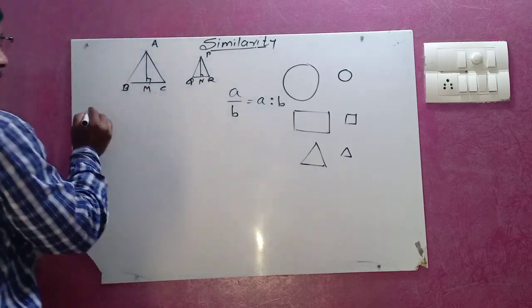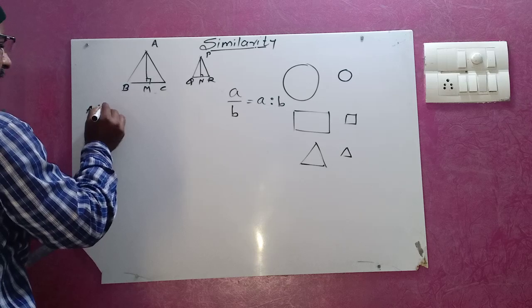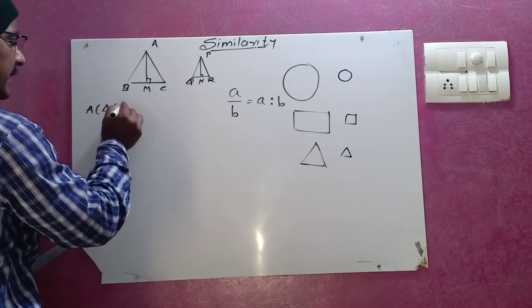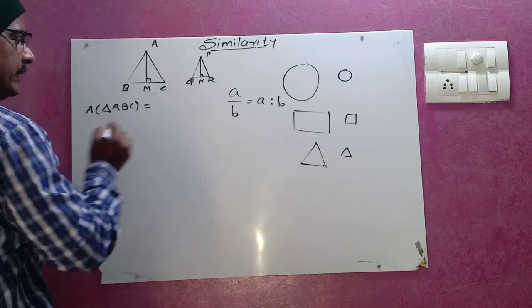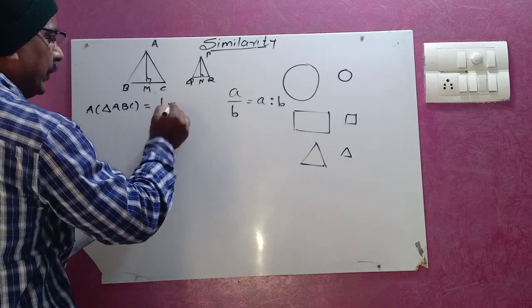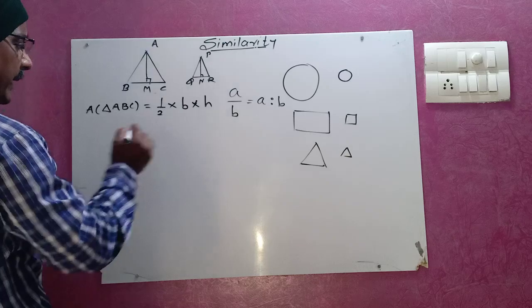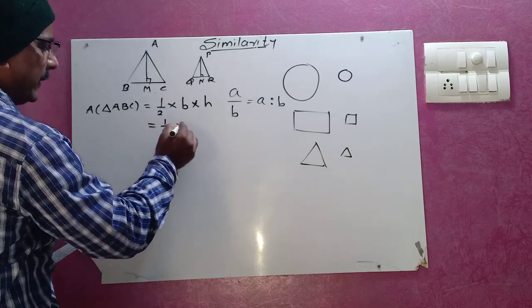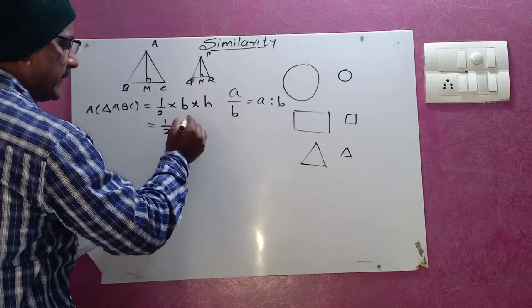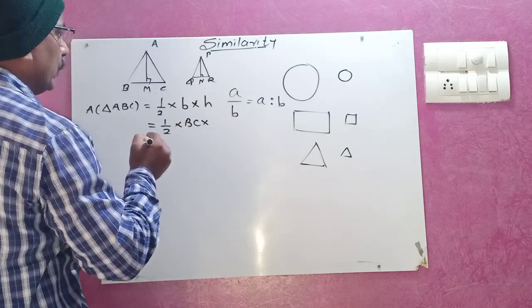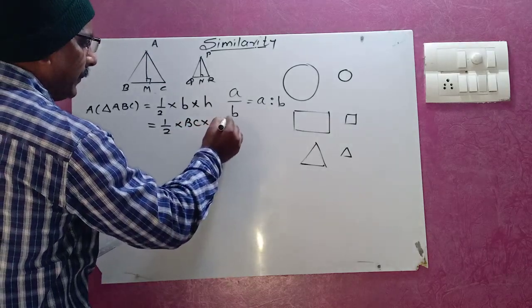First thing, area of triangle ABC is what, children? Half into base into height. So this is half into base BC into AM.